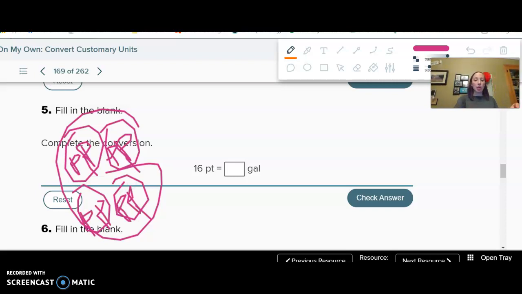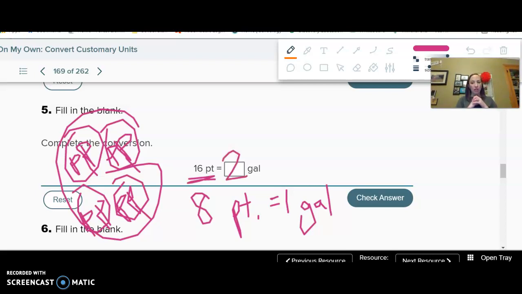So I have 8 pints in 1 gallon. So then if I have another 8 pints, that would be 16 pints. So that is 2 gallons. So again, we're going from something small to bigger, so we're dividing. All right, let's do one more.